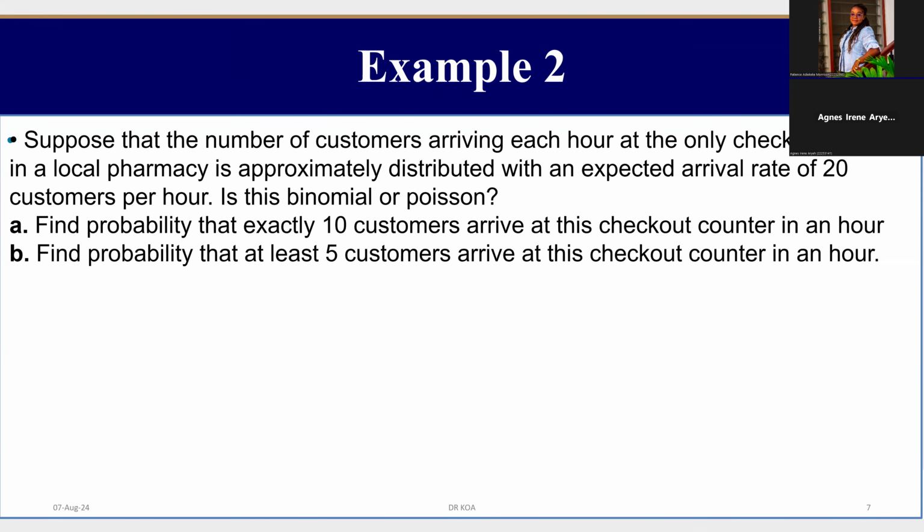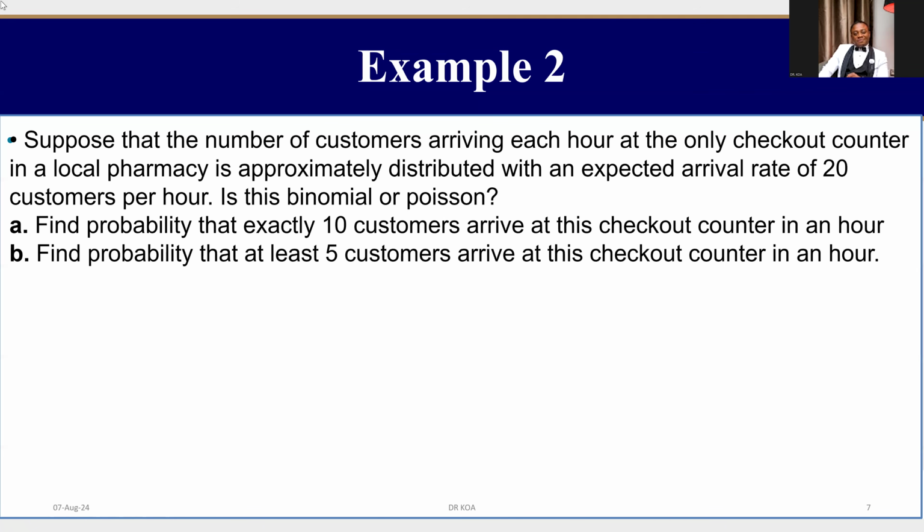It gives you what impression? That we are finding an average. Thank you. That's it. Perfect answer. All right. So now that we know it's Poisson, we can proceed.